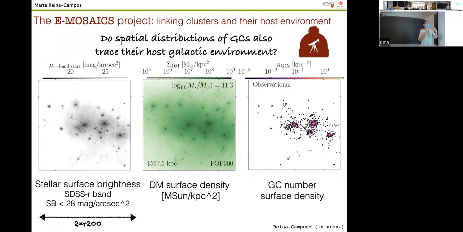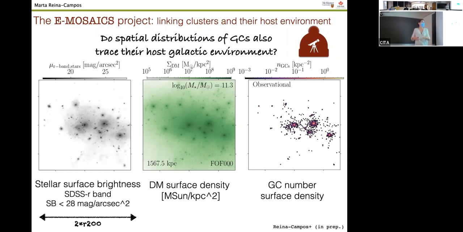Then I'm taking the stellar populations within this halo, and I'm using their physical properties to calculate their magnitudes in different filters. In particular, I'm calculating the stellar surface brightness image for the SDSS r band, because we see that the intracluster light is more prominent in red bands. And this gives me an image similar to what observers would be able to see.